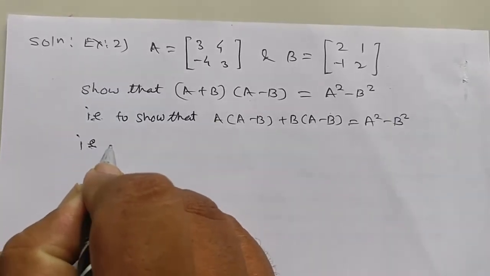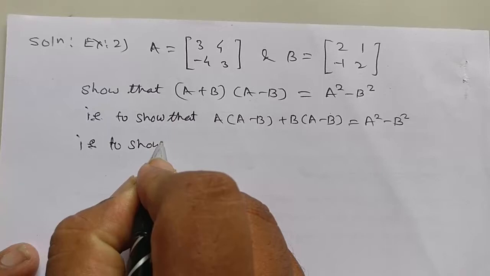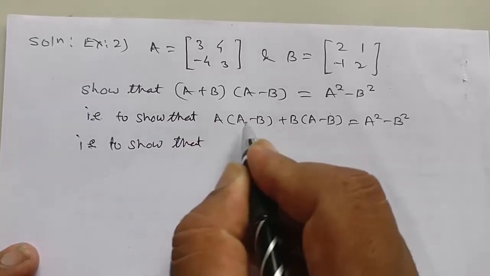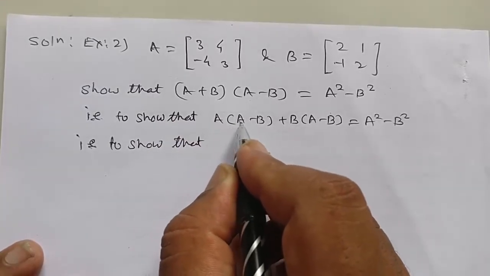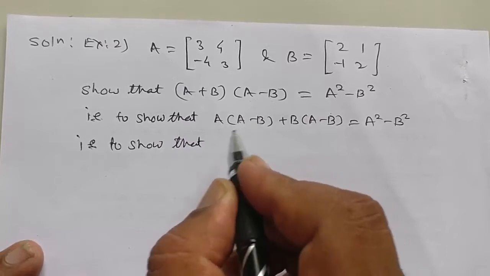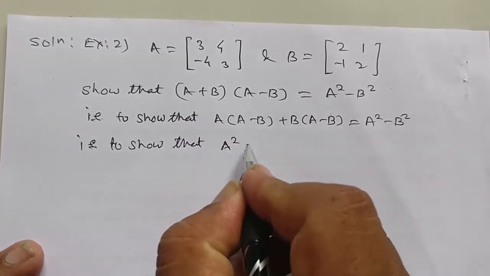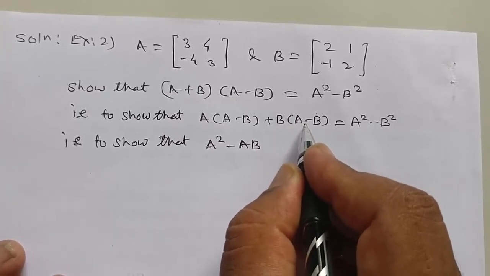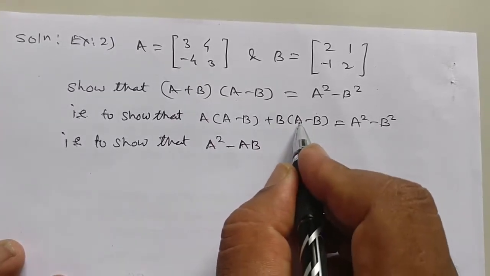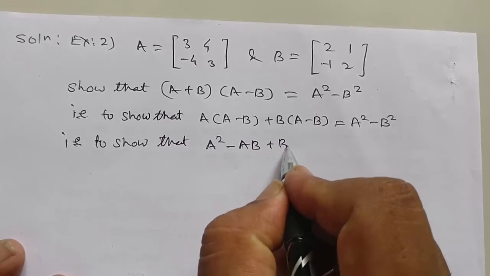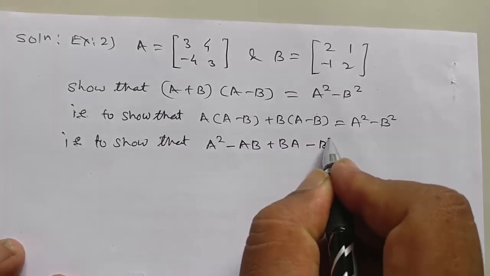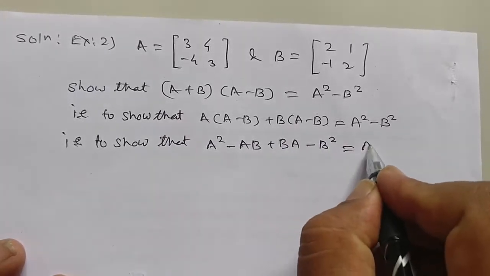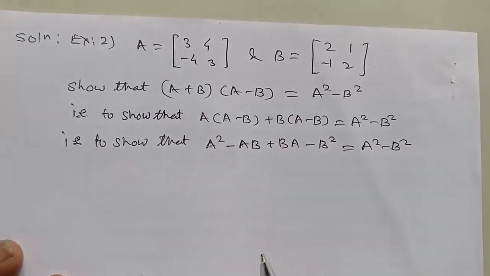That is to show that we multiply A, it is pre-multiplied to this matrix, so A square minus A into B. We pre-multiply the B matrix to the bracket A minus B, so plus B into A minus B square, B into B square is equal to A square minus B square.